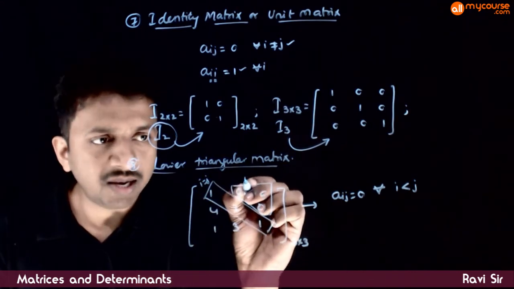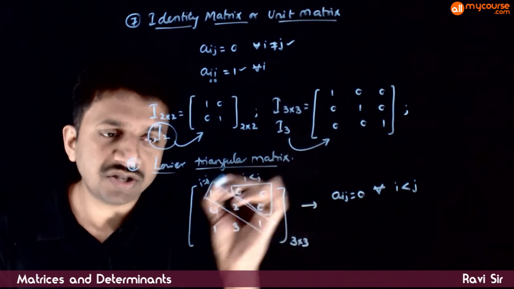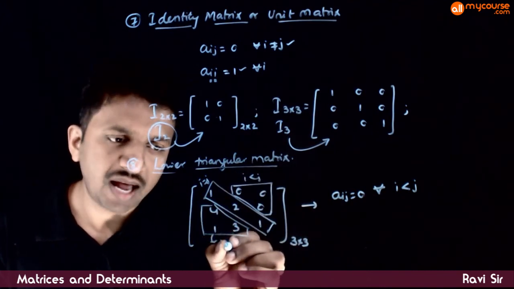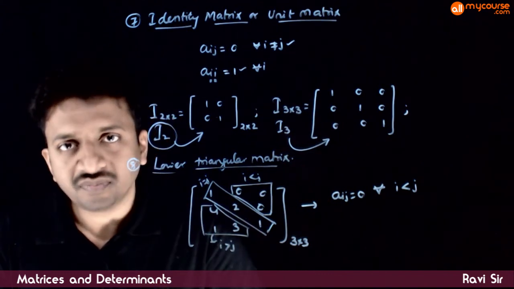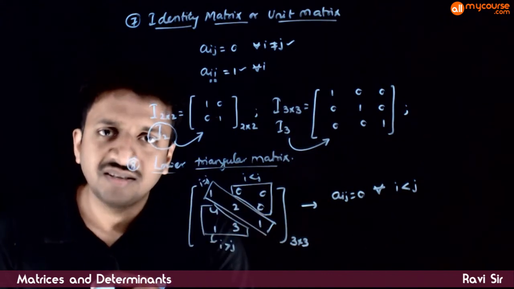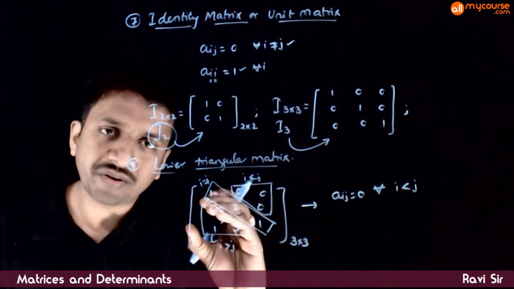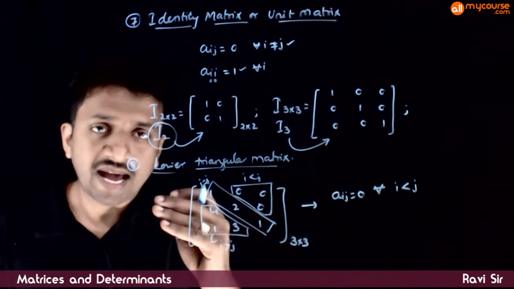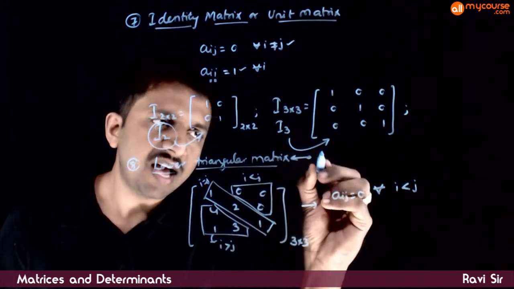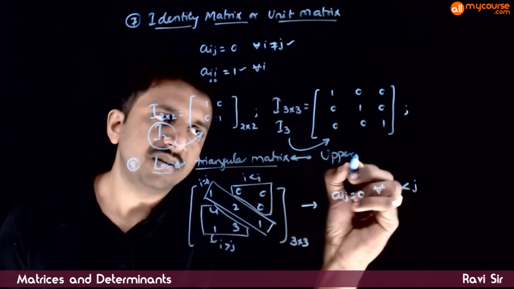The upper triangle elements correspond to i less than j, and the lower triangle elements correspond to i greater than j. So if all the upper triangular elements are zeros, then we say that the matrix is a lower triangular matrix. And similarly, the complementary item for this is the upper triangular matrix.